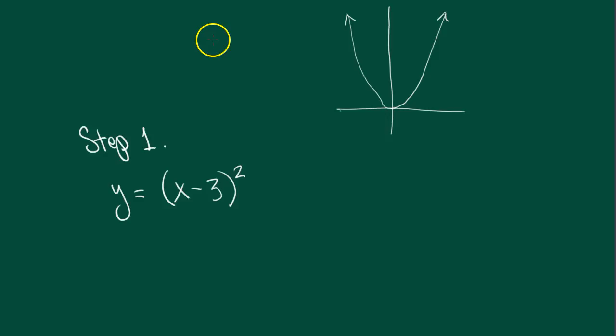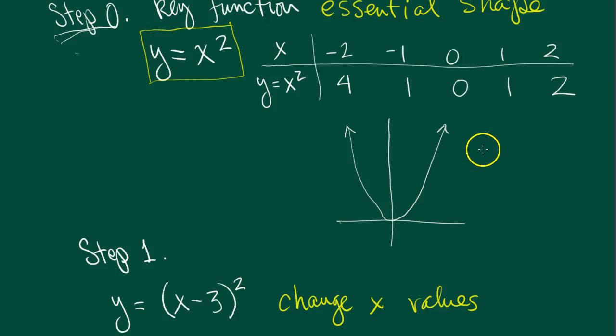Okay, now this is inside the parens, so it's a change to the x values. But there's no change as far as the y values are concerned. So I can copy these y values.